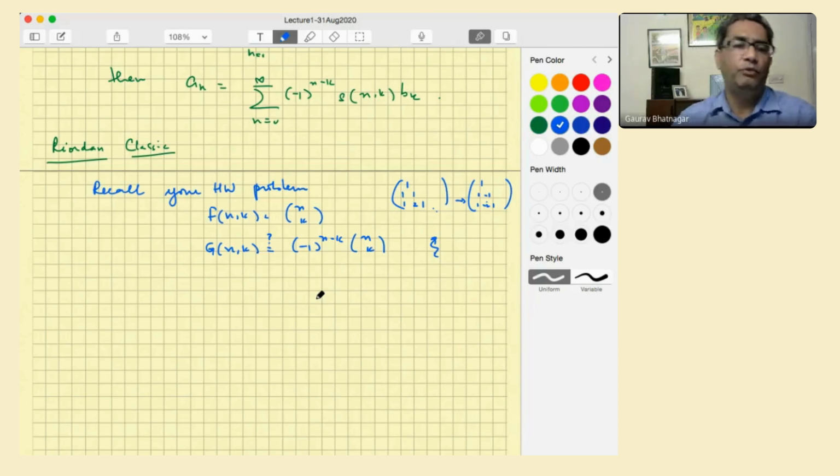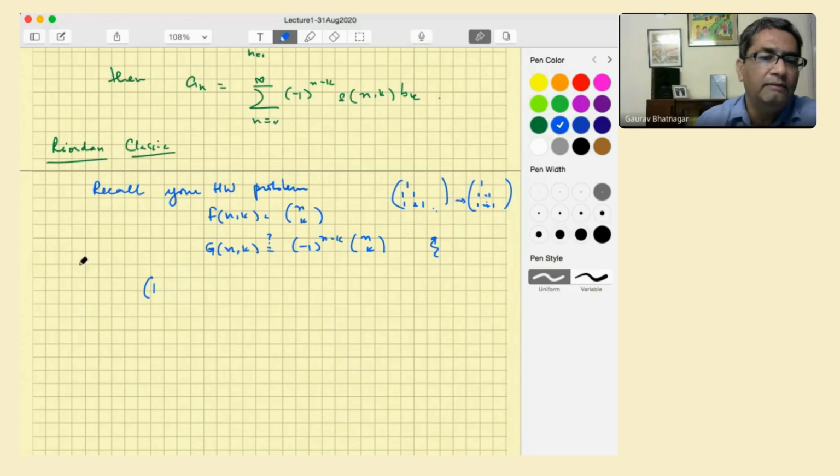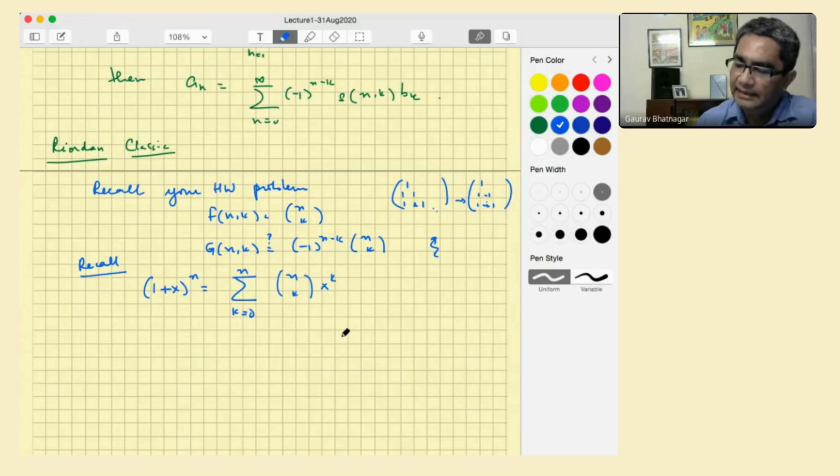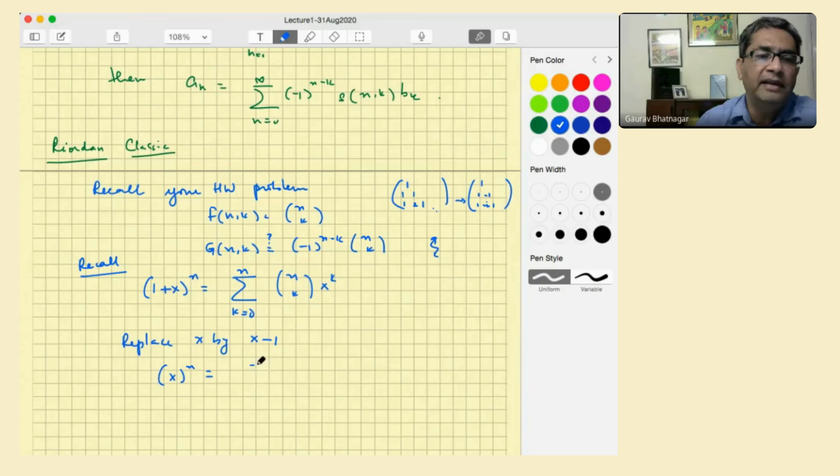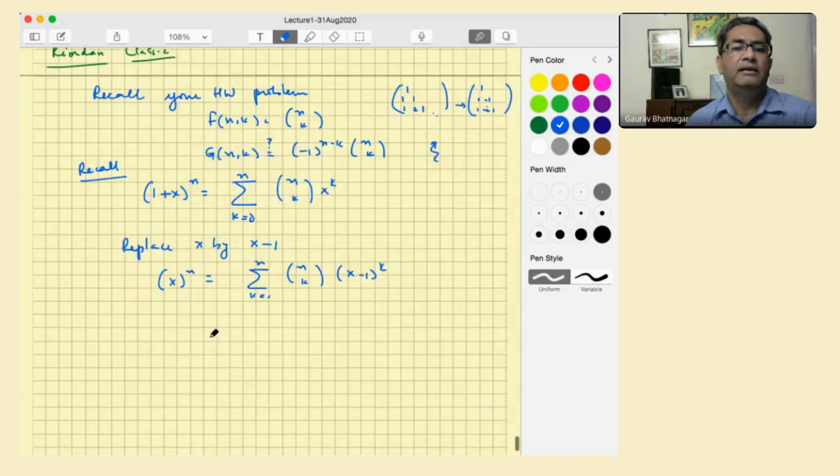So how do we prove this? So we recall, I think you might have proved it already because you were supposed to prove it. But anyway, here's a proof that I have. Then we simply say replace x by x minus 1 to get x raised to n equal to the sum for k equal to 0 to n of n choose k, x minus 1 raised to k.